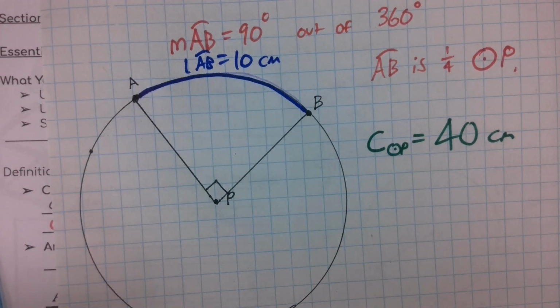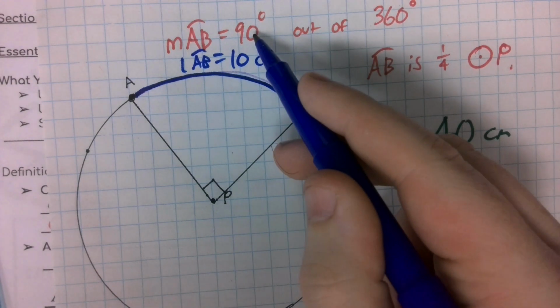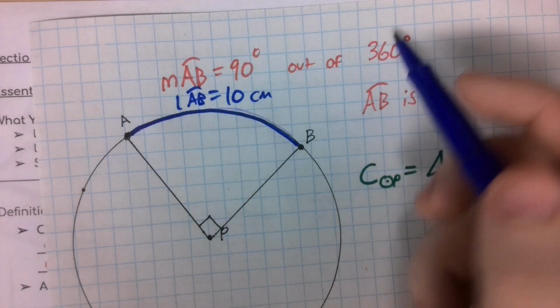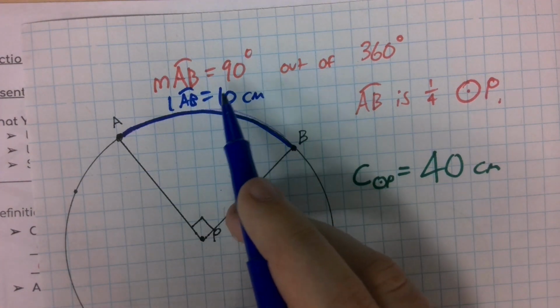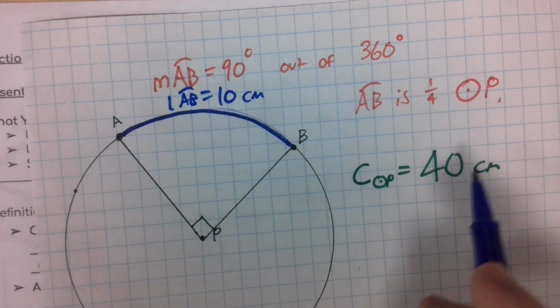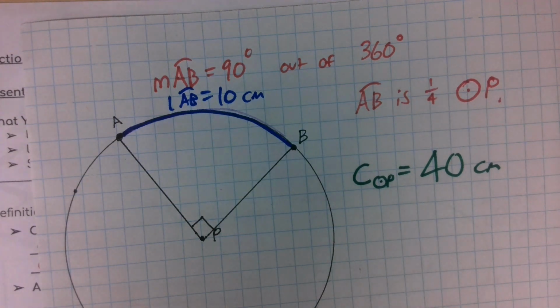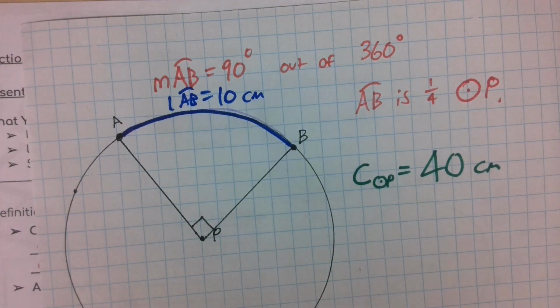There is a relationship between the measure of an angle, the measure of an arc and 360 degrees, just like how there is between the length of an arc and the circumference. In fact, those two are directly proportional. This means we can set up a proportion to solve it.